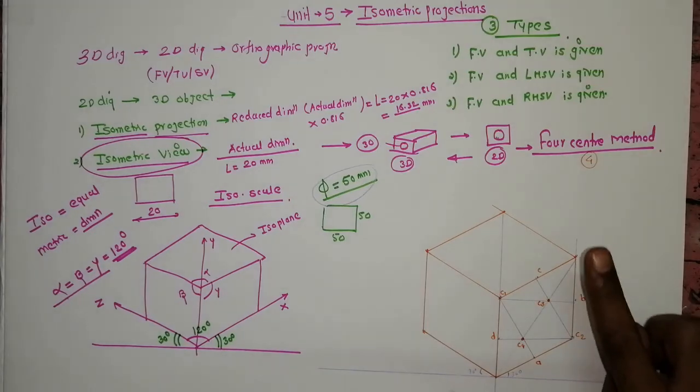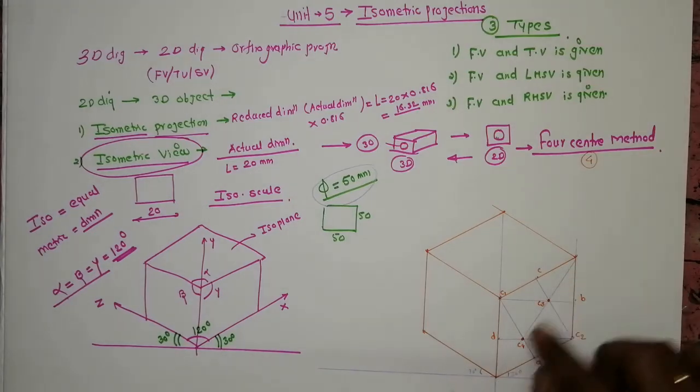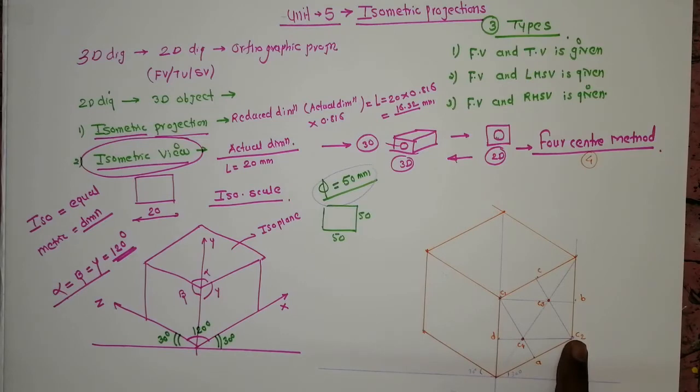Likewise we got the 4 centers now. In the first step we joined the longest diagonal and got 2 centers C1 and C2. From C1 we joined the opposite midpoints. From C2 we joined the opposite midpoints. We got the common intersections on the diagonal, so those become our centers C3 and C4. So now we got our 4 centers. Now how to convert this into a circle?